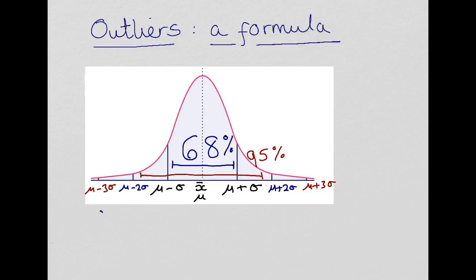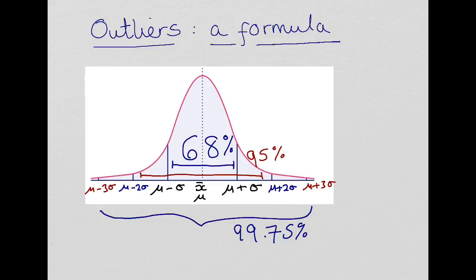And the mean plus or minus 3 standard deviations, you've actually got 99.75% of your population there. So you can see anything that lies out here or here are very, very unusual values.